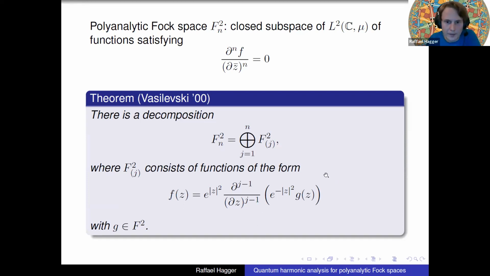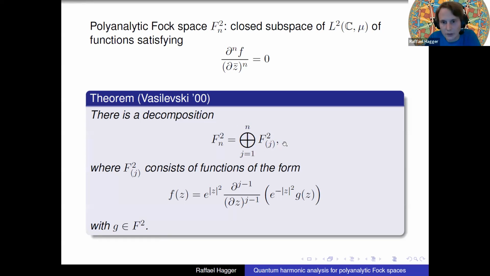What's important is that this polyanalytic Fock space decomposes into these true polyanalytic spaces, and that's important for our analysis later on because, you remember, we needed an irreducible representation, and as we will see, it will be irreducible on these true polyanalytic Fock spaces, but not on the whole one.